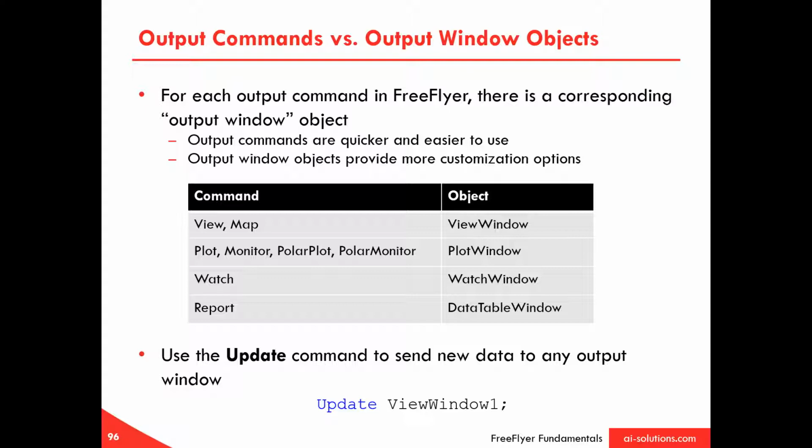Instead of the watch command, you can use the watch window object, and instead of the report command, you can use the data table window object. Using these output window objects gives you a lot more control and customization options compared to just using the view command, for example. Once you've created one of these output window objects, you use the update command to send new data to the output window.